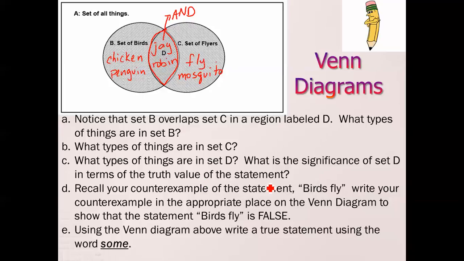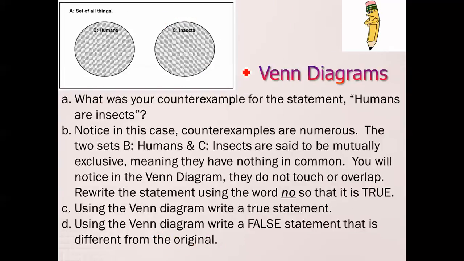So recall your counterexample, birds fly. We picked chicken and penguin. Use the Venn diagram above to write a true statement using the word some. So some birds do what? Some birds fly. They don't all fly.